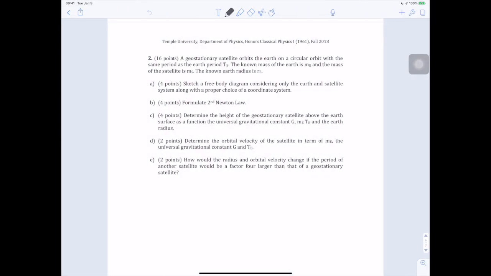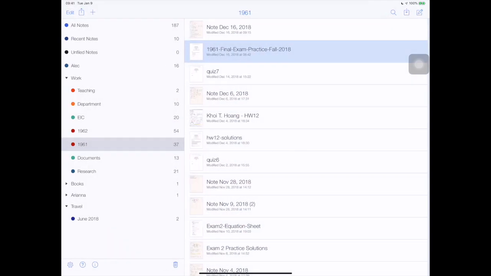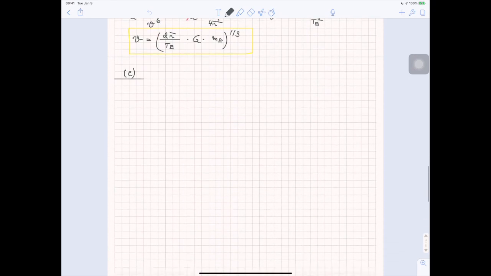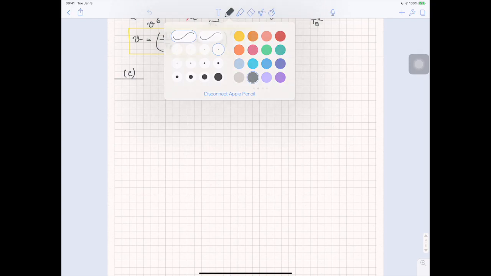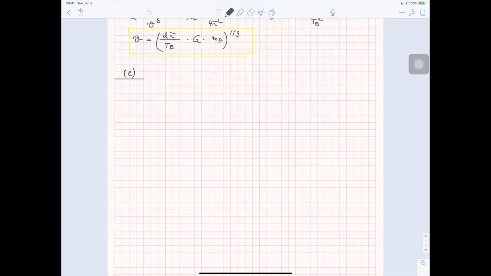How would the radius and orbital velocity change if the period of another satellite would be a factor 4 larger than that of a geostationary satellite? So now we go from Te to 4Te. What would be different?